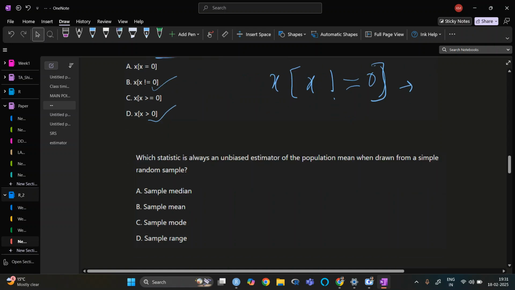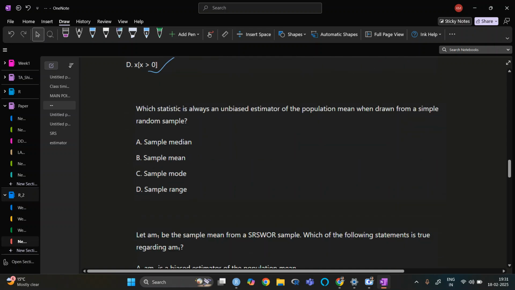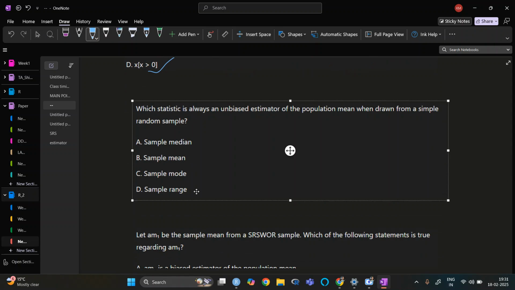Okay. The next question is: which statistic is always an unbiased estimator of the population mean when drawn from a simple random sample? Simple random sampling can be with replacement or without replacement. So what is the statistic which is an unbiased estimator?